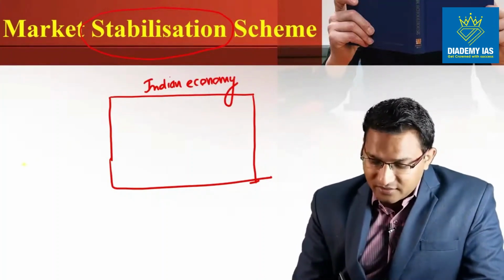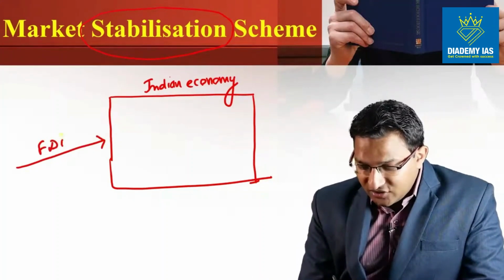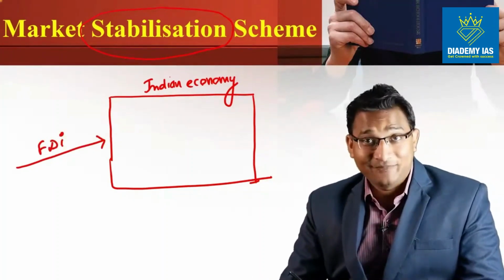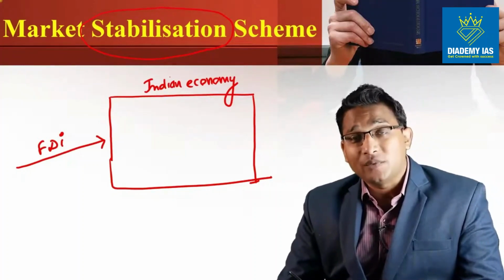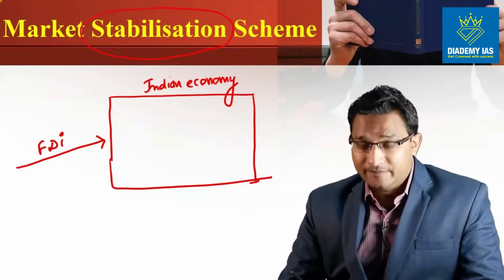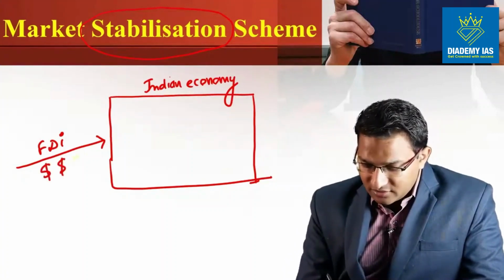Now what happens? Suddenly a lot of foreign exchange starts coming to India in the form of investment. A lot of foreign direct investment starts coming into India in the form of US dollars.